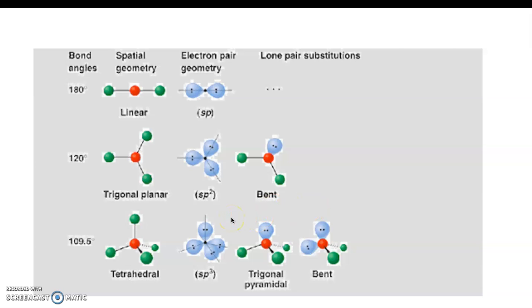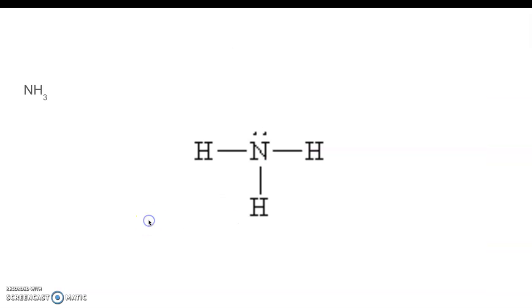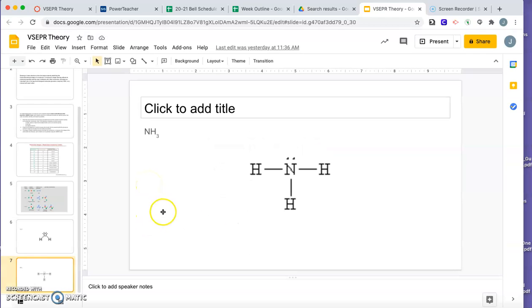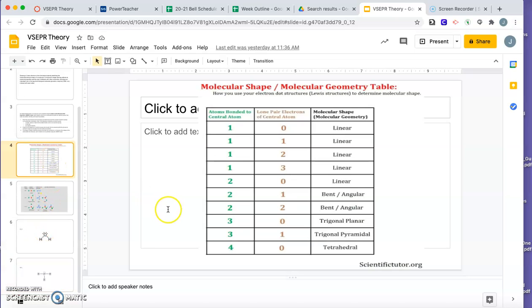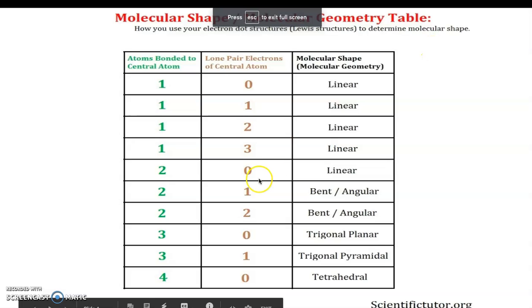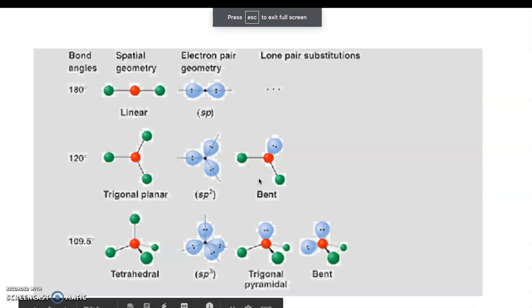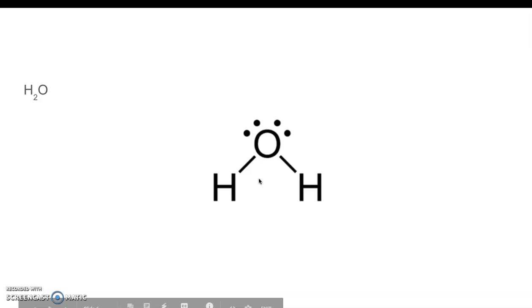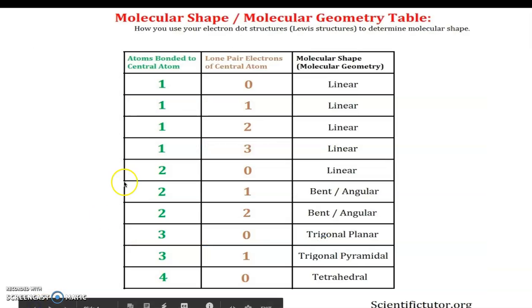We're going to go back to here, to see those things. So I'm going to present back up here. We look here, and then we look at our Lewis structure. So here's our Lewis structure. We look at our central atom. In our central atom, we have 2 bonds and 2 unshared pairs, okay? So atoms bonded 2, lone electron pairs 2.